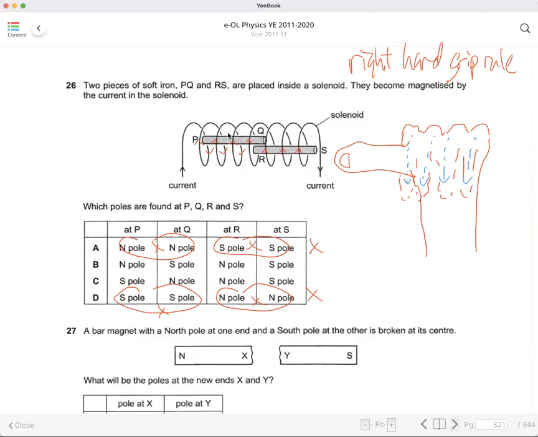Your fingers will be the direction of your current. So your thumb is pointing to the left, so the left will be the North Pole. Understand so far? Okay, so everything is good.